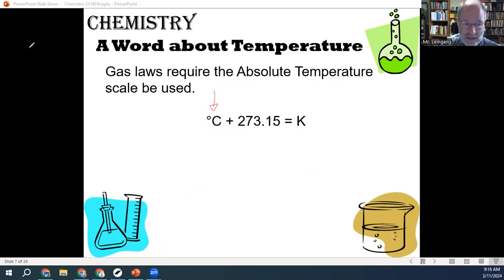So let me give you a little quick test here, all right? If the room temperature I'm in right now is 21.2 degrees Celsius, what would that be in Kelvin?